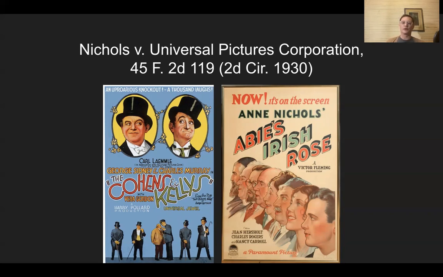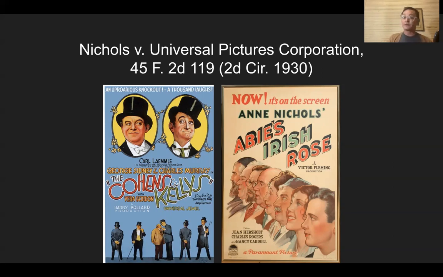and producer. And Universal Pictures realized that this was kind of the moment story, and decided to produce their own version of the same story, and specifically produced a motion picture titled Abie's Irish Rose, which was, on one level, a broad level, very similar in the sense that it involved a Jewish family and an Irish Catholic family and a relationship between the children of those two families and the tensions, and resolution of those tensions.